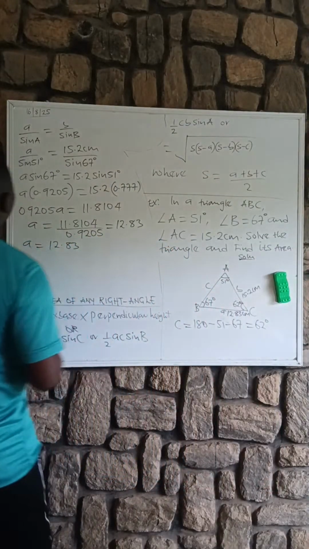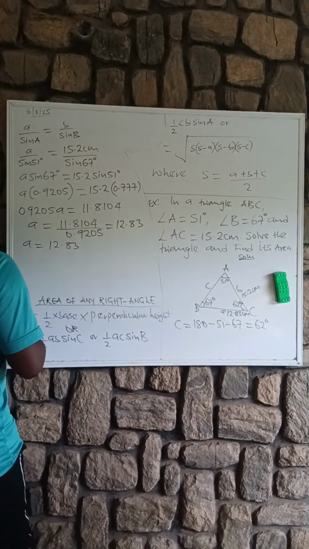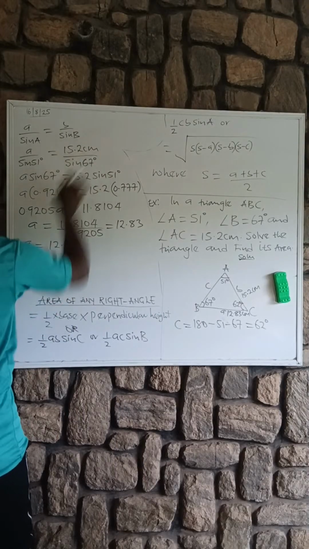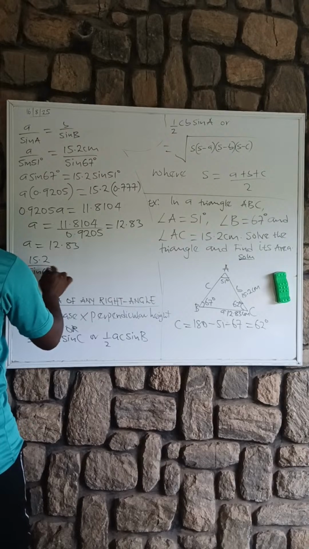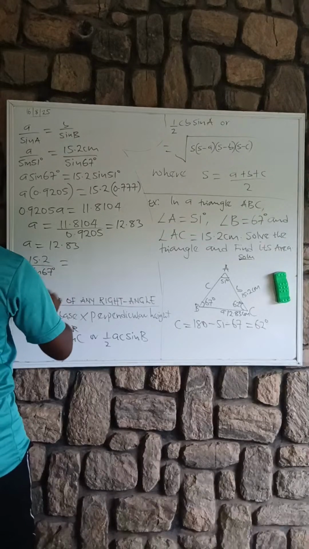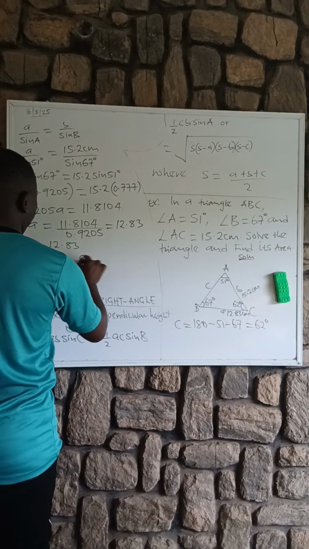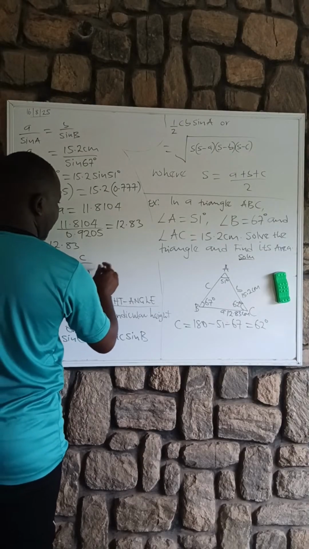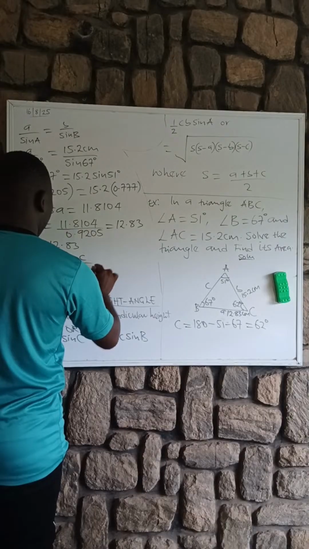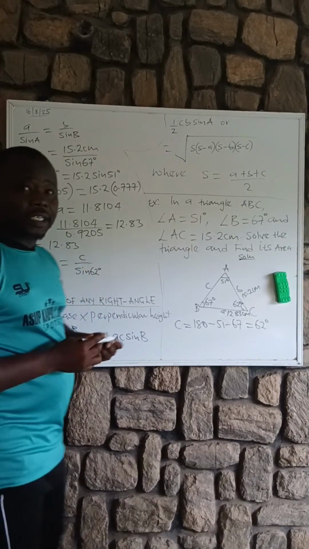Then here, let's work out here. Now we use this, so it means 15.2 all over sine 67 degrees equals C all over sine C, which is what, 62 degrees. Am I right?